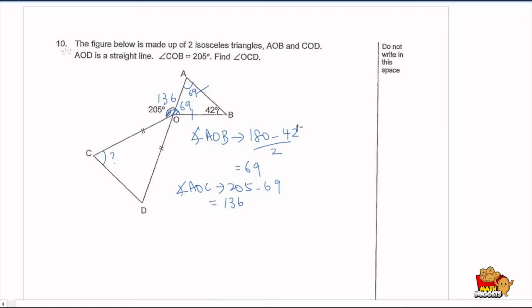So if I know that that's 136, I can find angle COD. Angles on a straight line, 180 minus 136, which gives me 44 degrees.